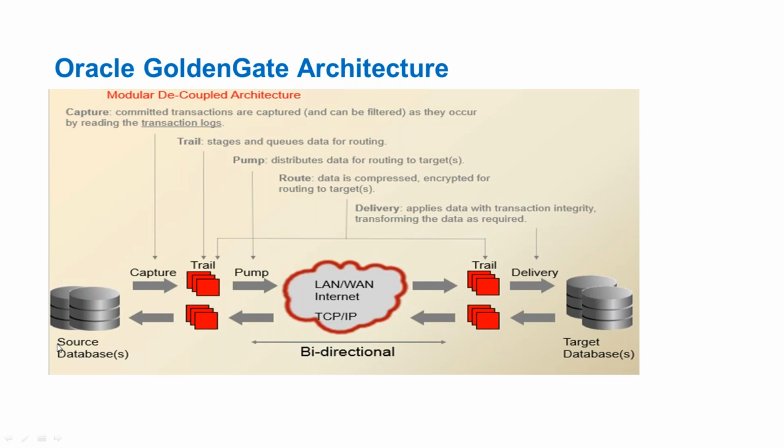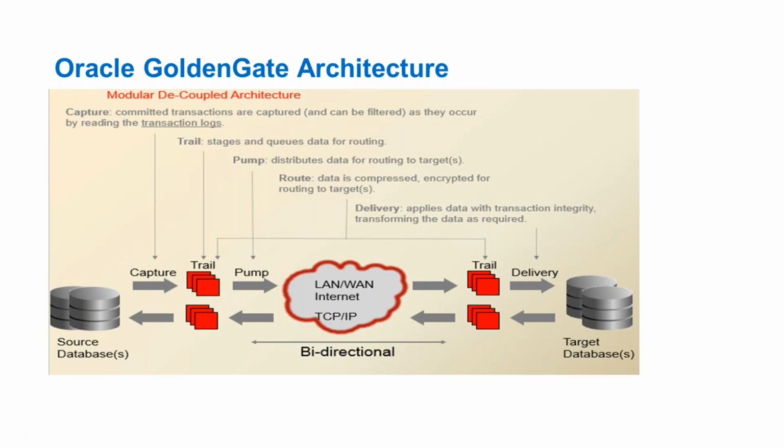Once the transactions are captured, it writes them to the local trail file. These trail files are in binary format, reside on the operating machine, and consume operating system disk. So the capture process captures the data and writes it to the trail file on the local machine.